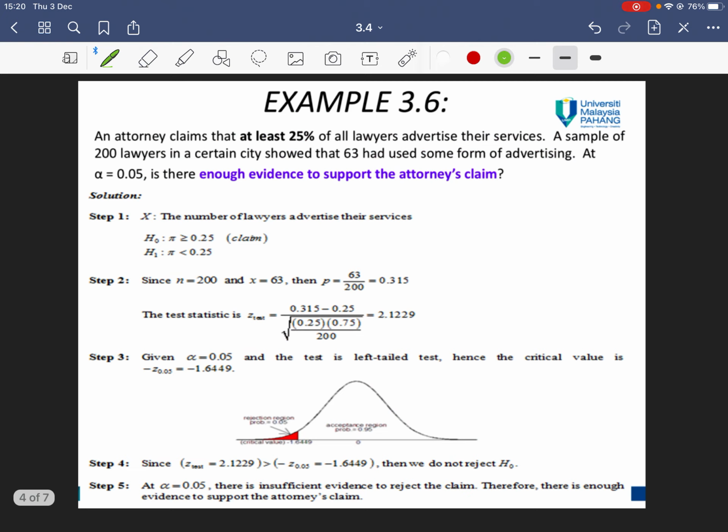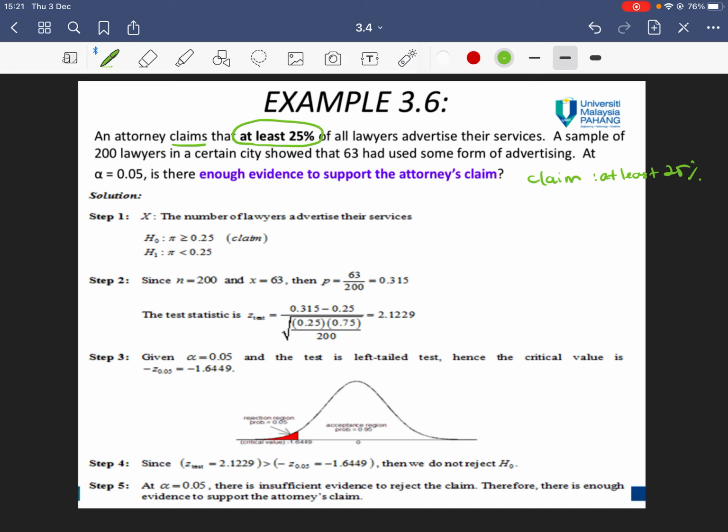Okay, look at the example. Example 3.6. An attorney claims that, they state the claim here, at least 25% of all lawyers advertise their services.